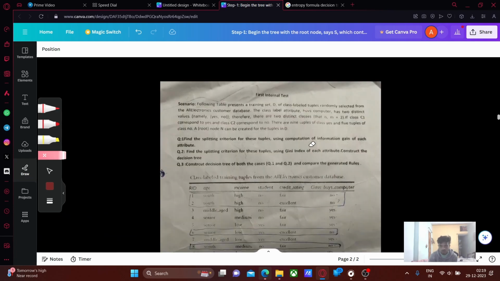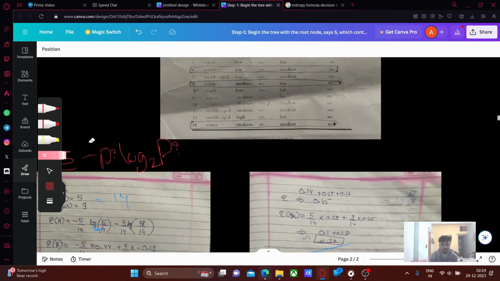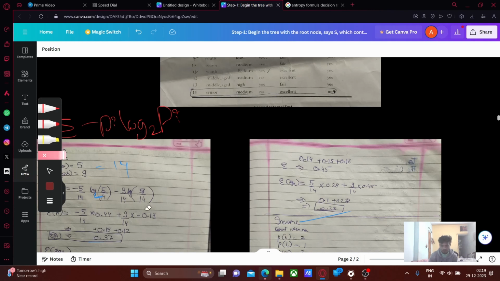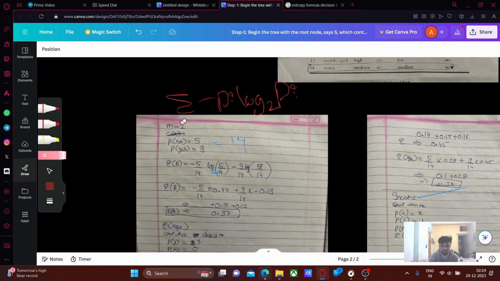First we have to find the split criteria for these tuples using computation of information gain for each attribute. We know that our formula for entropy is sigma of minus p_i log base 2 p_i, where p_i is the probability of the event happening. There are two classes, so m equals 2, and this is the case before splitting.